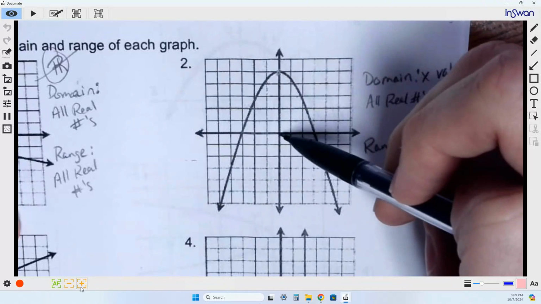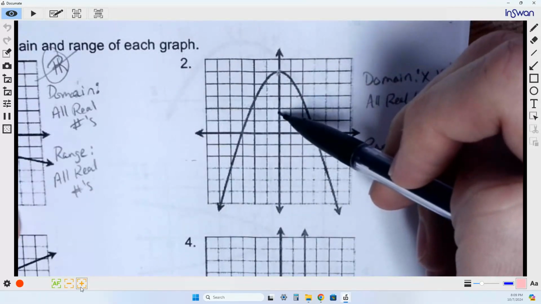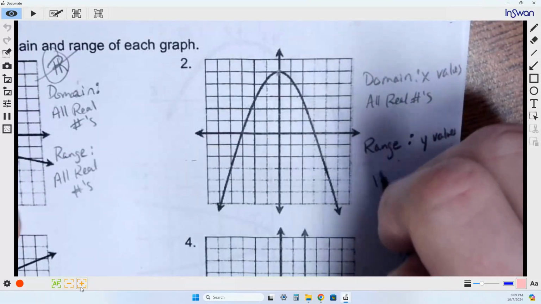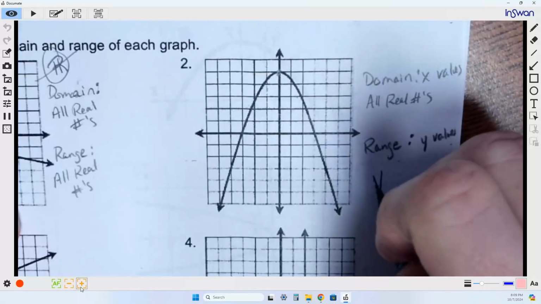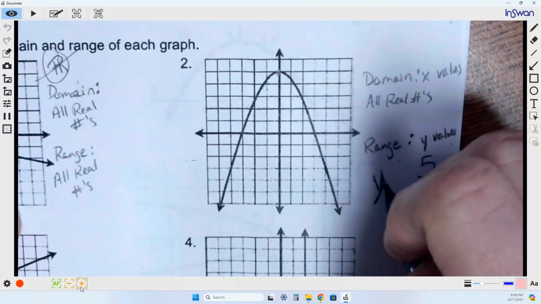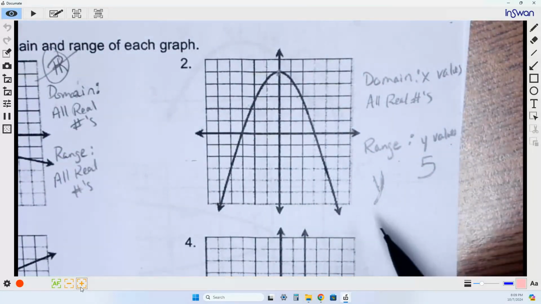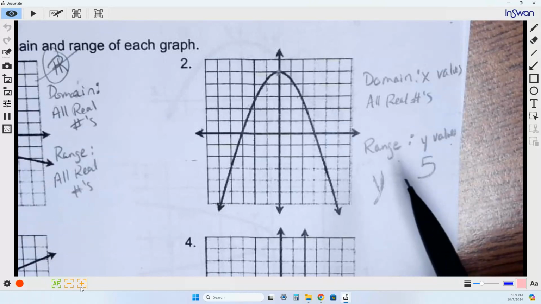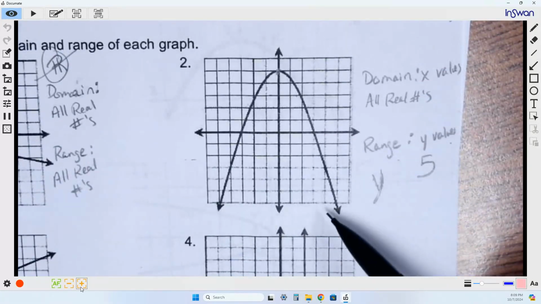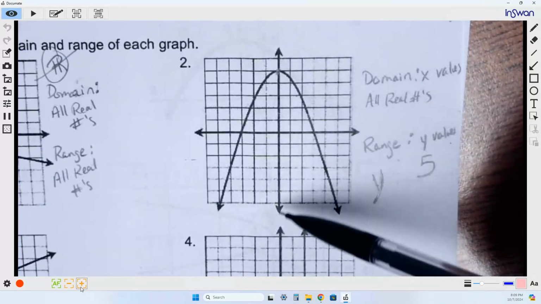So I'm going to go all the way up here, and this is where my turnaround is. Start at 0, 0. We're going to count 1, 2, 3, 4, 5. So y is what I'm talking about when I'm talking about range. We're going to get to 5. Now, I'm going to need to put in a sign between here. What sign do I use? Well, I'm going to look at these two arrows, and the arrows are facing down.